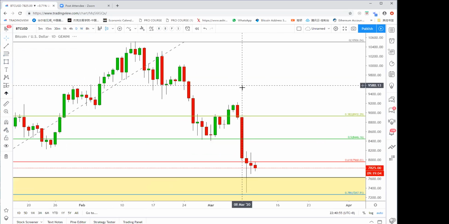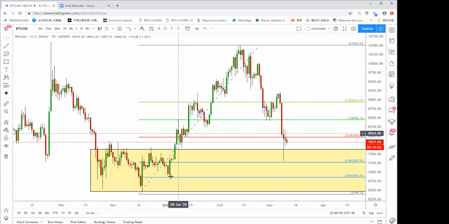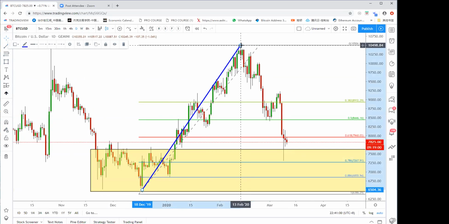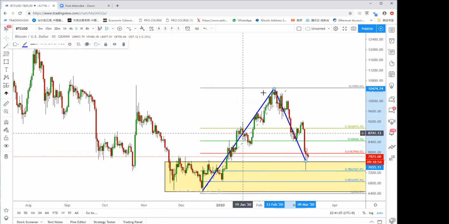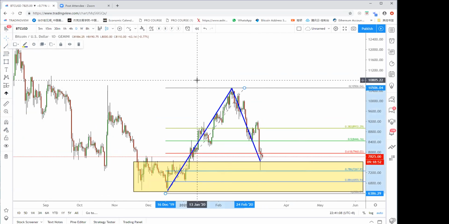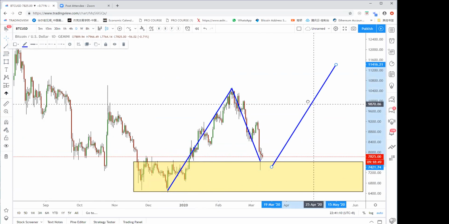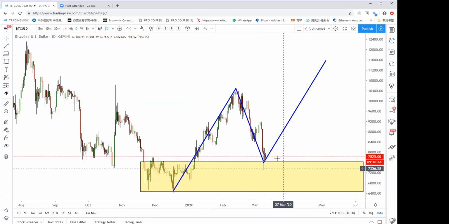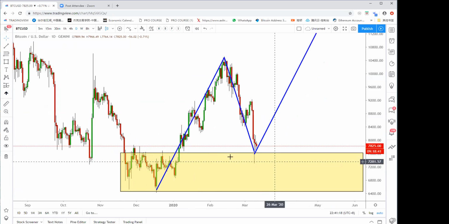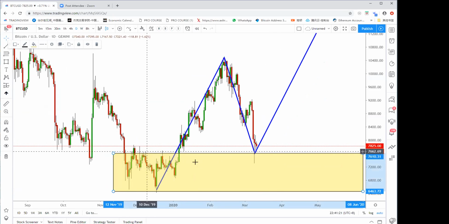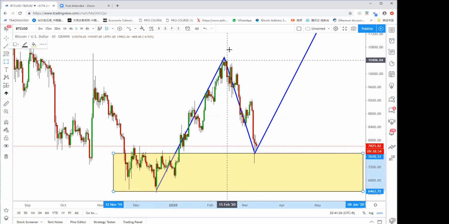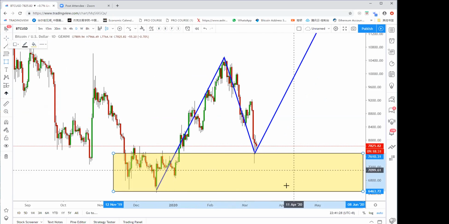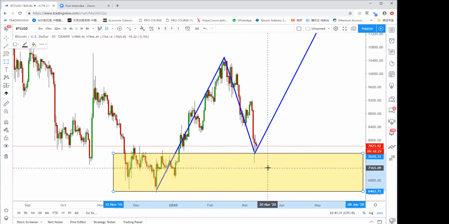However, in the daily chart, if you believe in this strong rally, this could be just a retracement of this rally, and I think the next move could still be going back to 11,000. So it's good to buy some here and touch my price. It's a perfect entry zone. The institutional players are buying here, that's why you can see this bullish move. So this becomes a very important structure for us to buy Bitcoin.